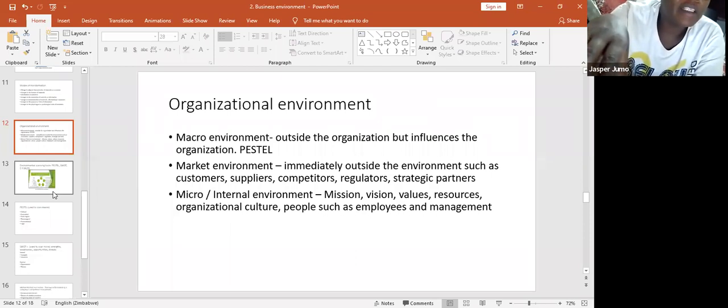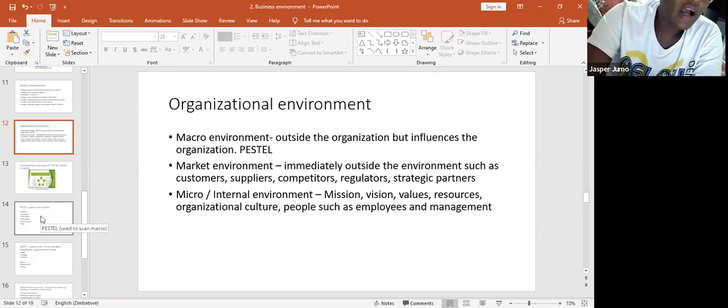The macro environment, we are talking of something that is away from the organization. We are talking of the political situation or the economic situation. Then we have the micro environment or the internal environment. This is what we have inside the organization. So these are the three forms of environment.